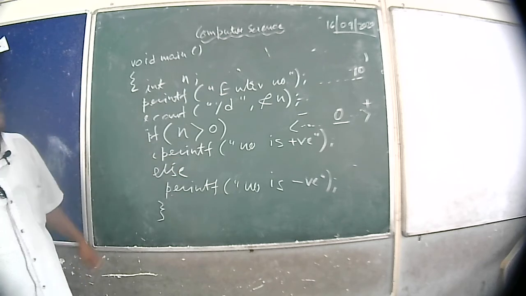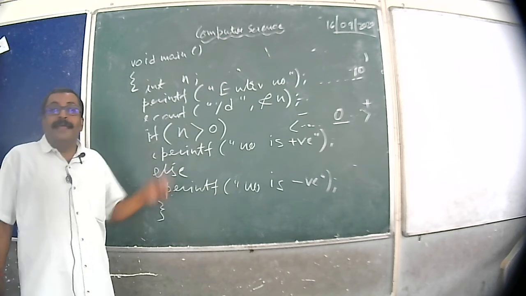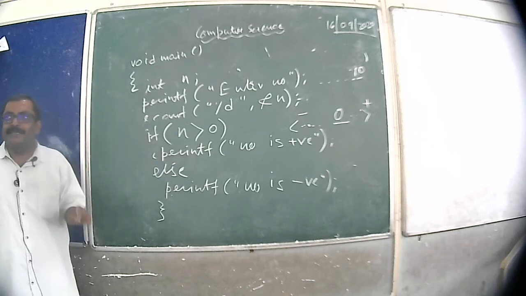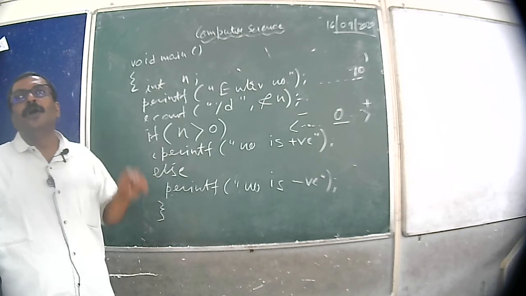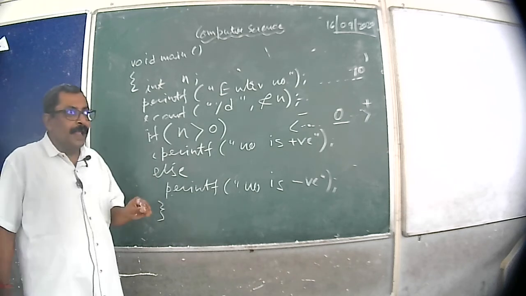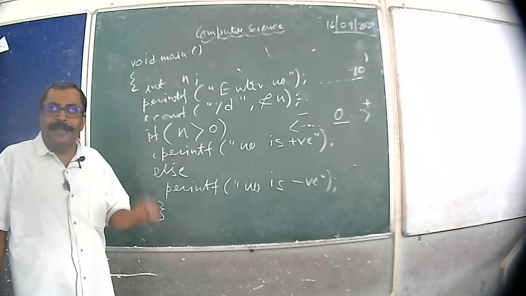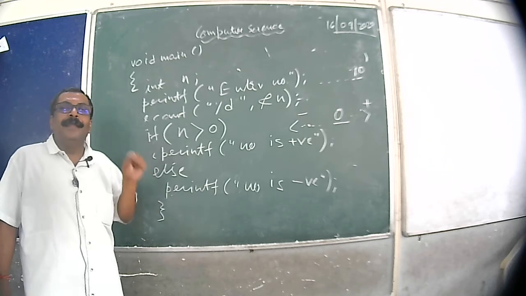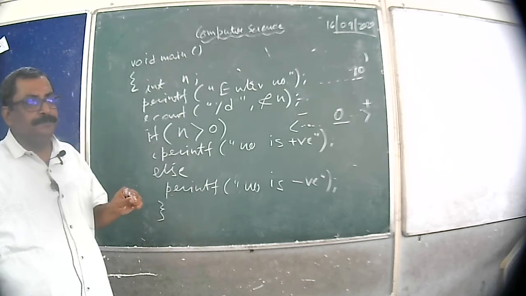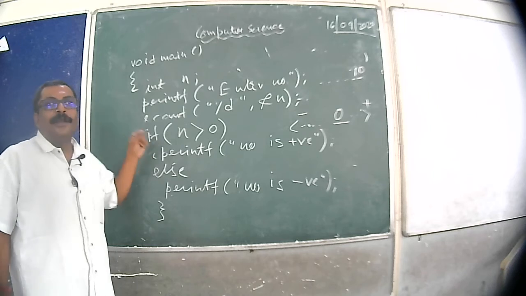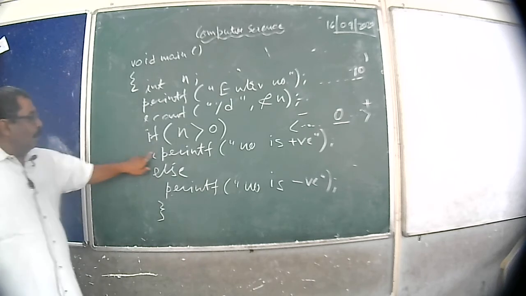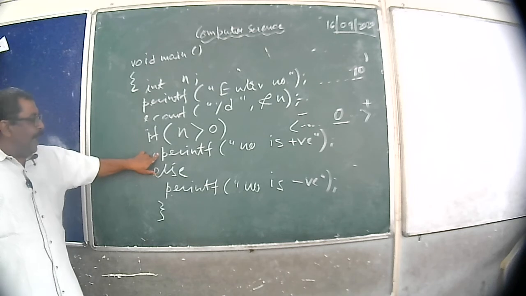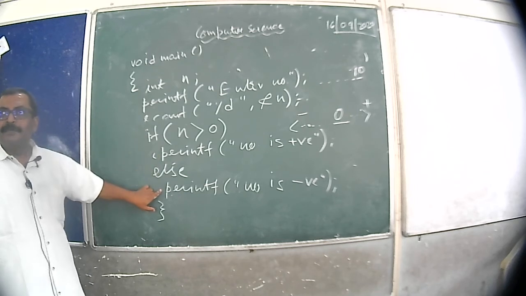Does that mean it is incorrect? No. The C compiler provides that if you write a single statement, braces are not compulsory. But if you write more than one statement, then braces are compulsory in case of if or in case of else. But check it out, after the if condition only a single statement is there, after else only one statement is there.